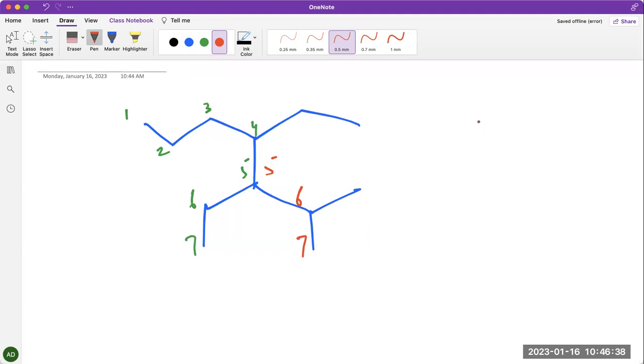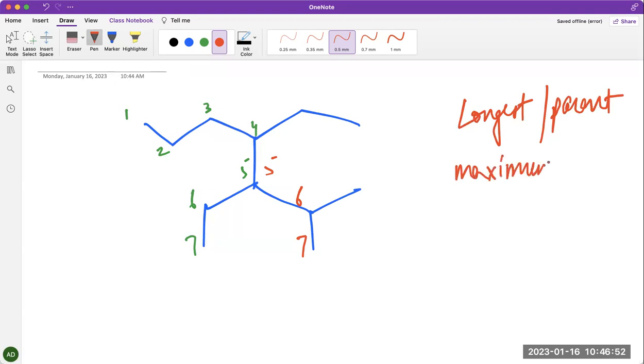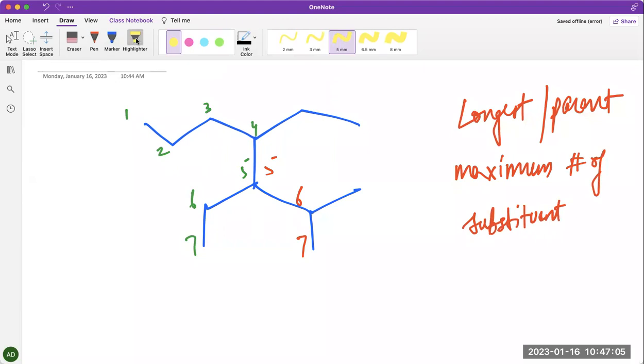Here, guys, you need to know one more rule, and that rule says you need to find the longest chain, and the parent chain must have the maximum number of substituents. Okay, so guys, if I go 1, 2, 3, 4, if I go this green route, then what substituents do I have?